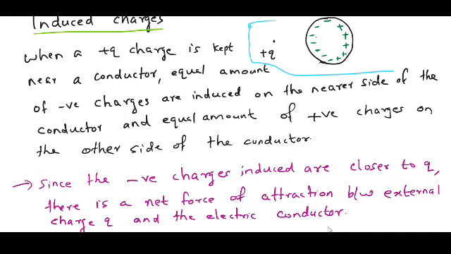Once again I will repeat the story. If a plus Q charge is kept here near a neutral conductor, and this plus Q charge is plus 10 coulomb, then an equal amount of negative 10 coulomb charge will be developed or induced on the nearer side of the external charge, that is here, and on the opposite side, an equal amount, that is plus 10 coulomb charge, will be induced.